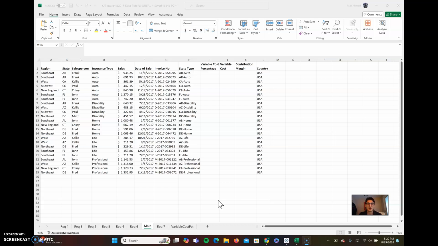Starting with the Excel graph shown on the screen, we have numerous columns and rows to exemplify the data we've been given, starting with simple variables such as region and state, understanding different areas of the United States and where insurance sales have been taking place, going into a more detailed breakdown with a specific salesperson and insurance type, including auto, disability, home, life, and professional insurance, sales in millions of dollars for total sales data for the year 2017, invoice numbers, and what country they all took place in.